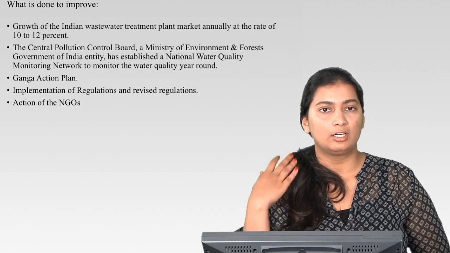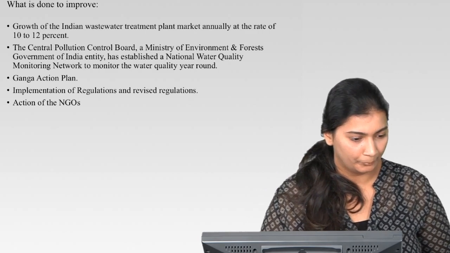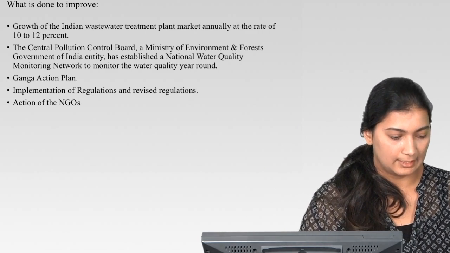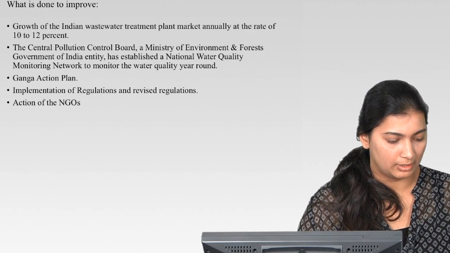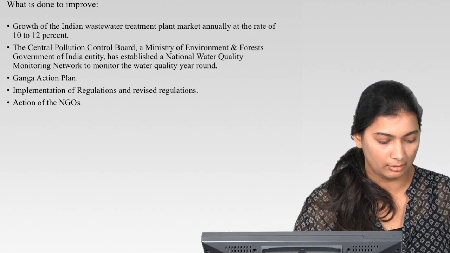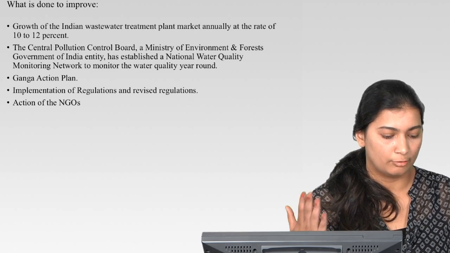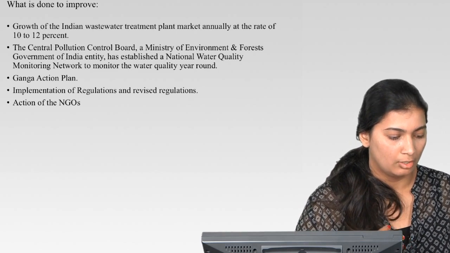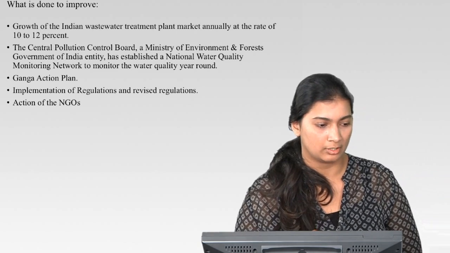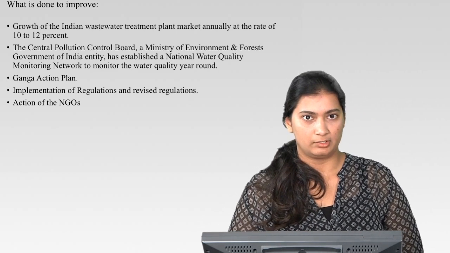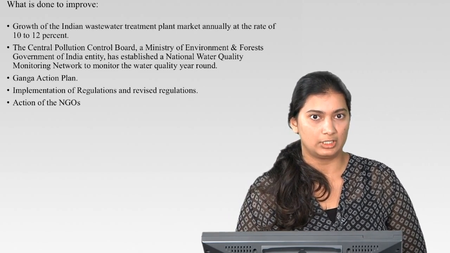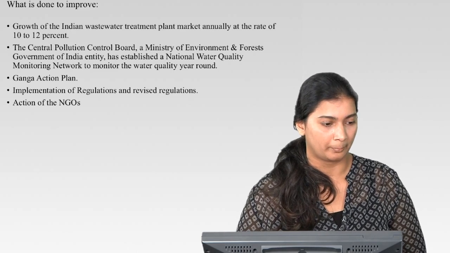So this is a really good thing that is happening. The United States is the largest supplier of treatment equipment and supplies to India. It has around 40% of market share of new installations.